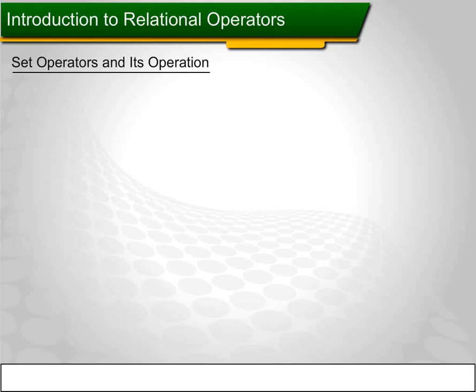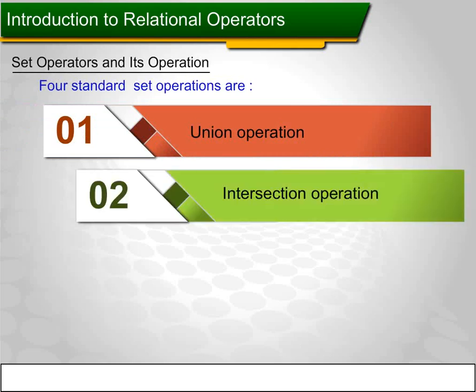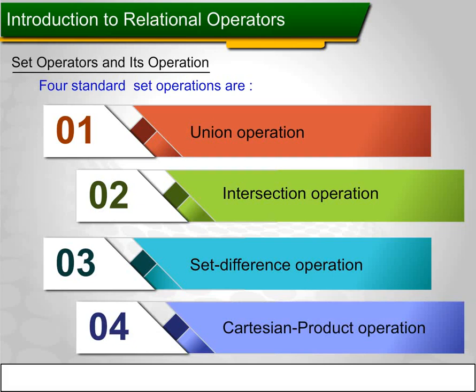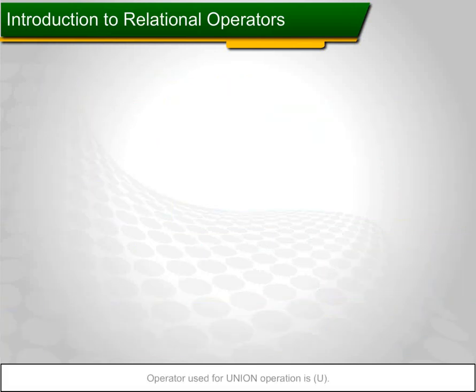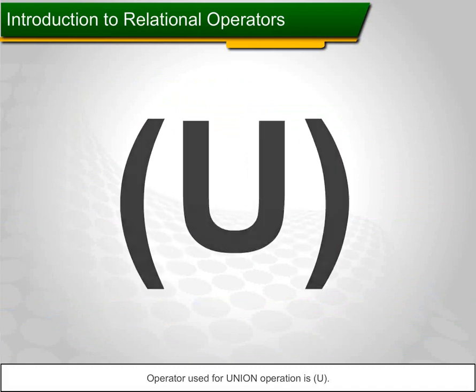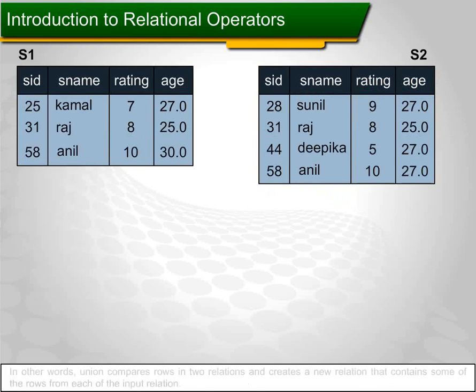Set operators and their operation. 4 standard set operations are union operation, intersection operation, set difference operation, Cartesian product operation. Operator used for union operation is U. The union of two tables or relations is every row that appears in either of the two tables.